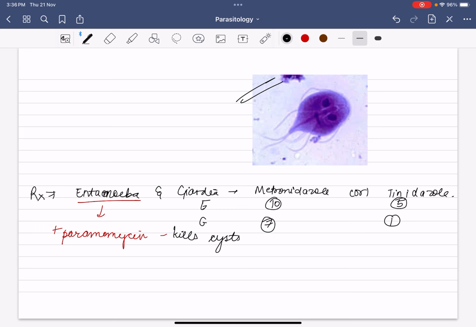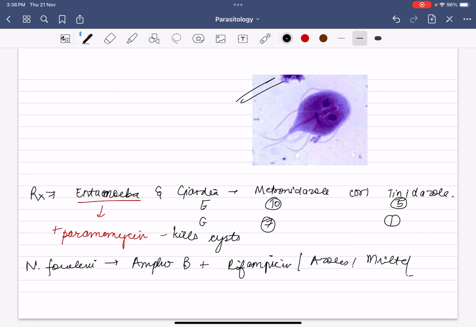Another organism was Naegleria fowleri. For fowleri, this is a brain-eating parasite. We use amphotericin B plus rifampicin, or we can use azoles, or we can use miltefosine.